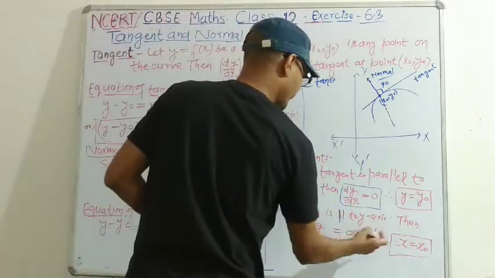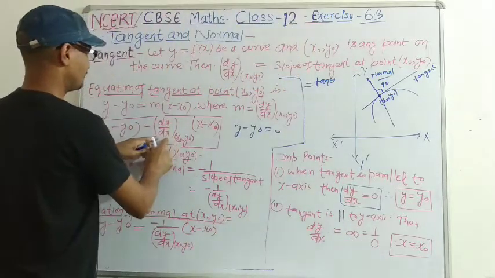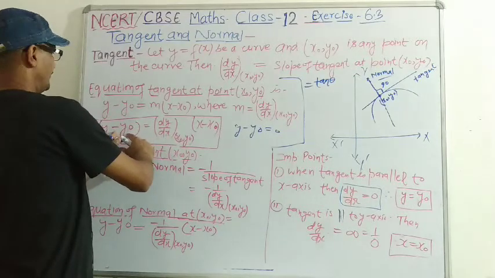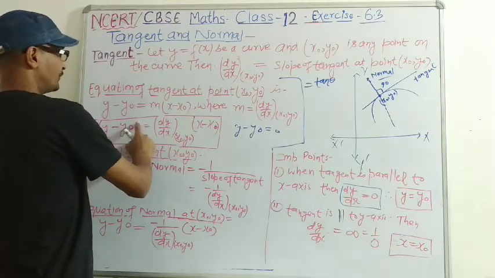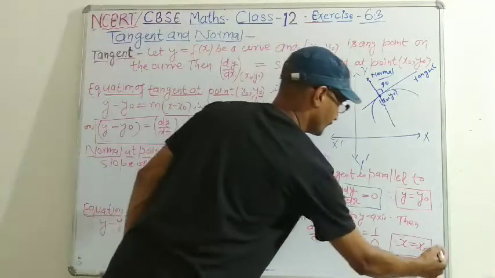In that case, cross multiplying, this becomes 0, so x minus x0 is equal to 0, so x is equal to x0.